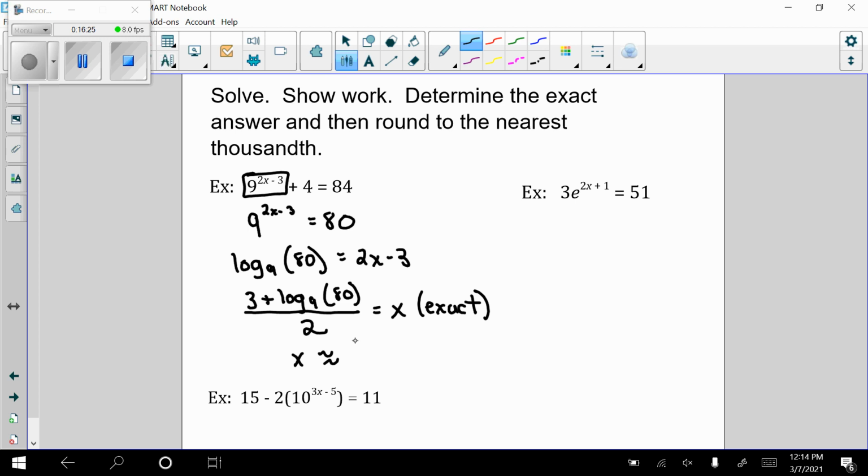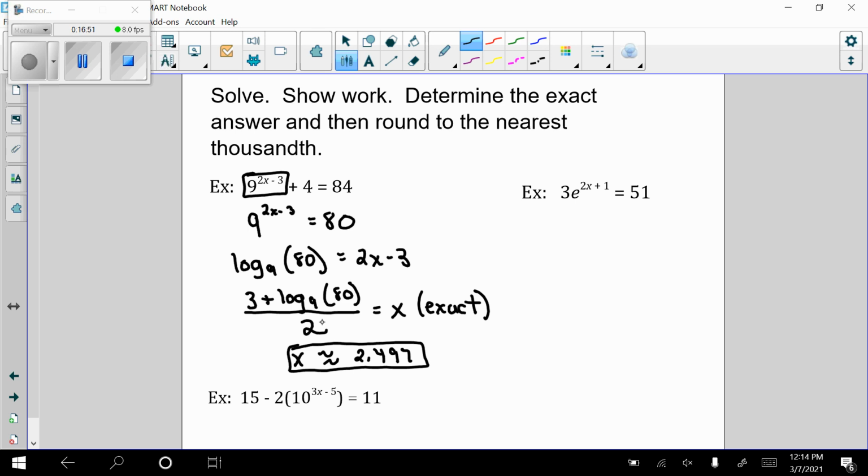So if you press your log base key, you'll be able to put that base 9 in there. Make sure you're using your order of operations correctly, because you want to evaluate the numerator and then take that and divide it by 2. So you might take your calculator and make sure you can get the correct answer for these. I got about 2.497.